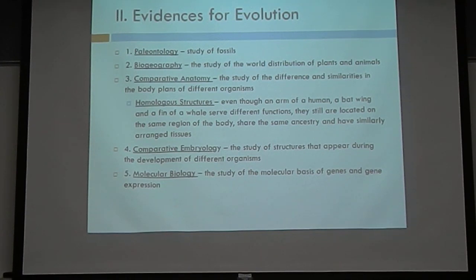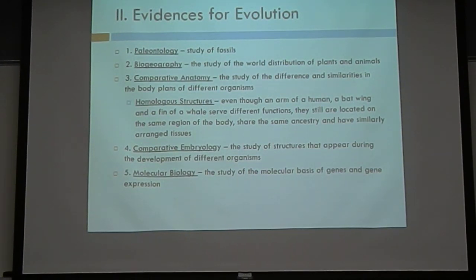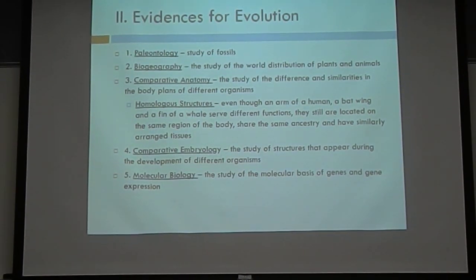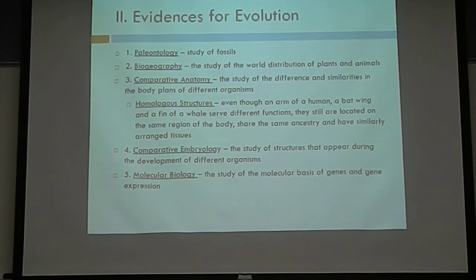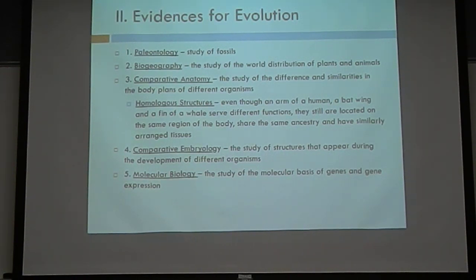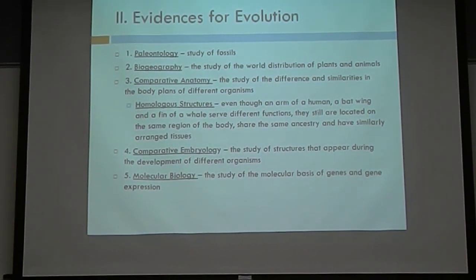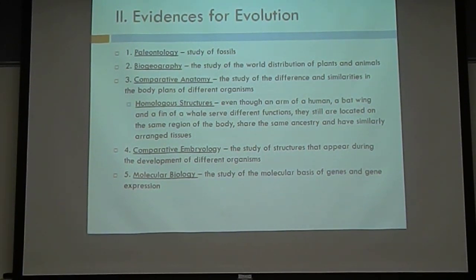Fossils are hard remains of organisms that lived a long time ago, and certain layers have certain types of fossils, and those layers can be used to identify similar time frames on different continents and that kind of thing. That's how paleontology is used.